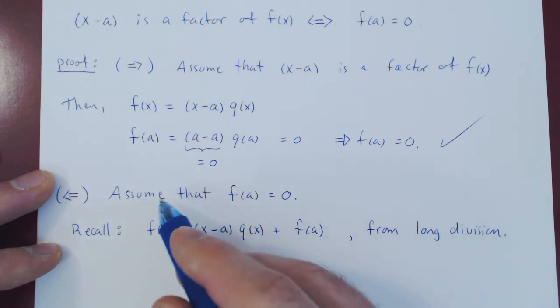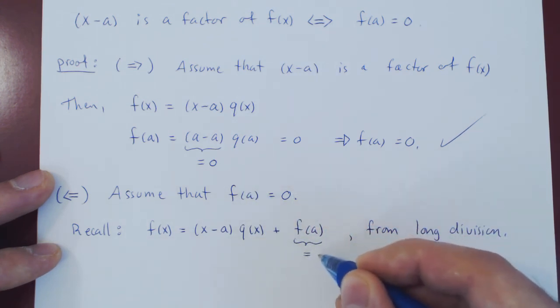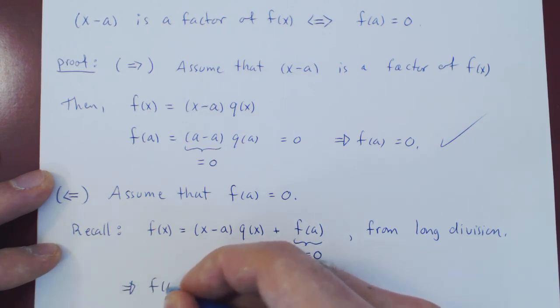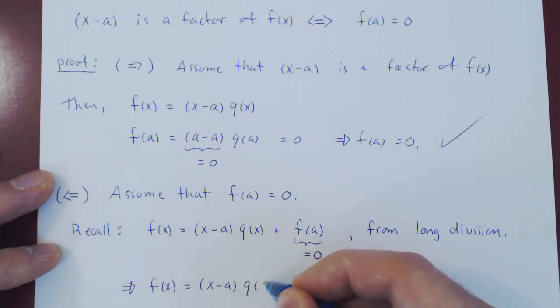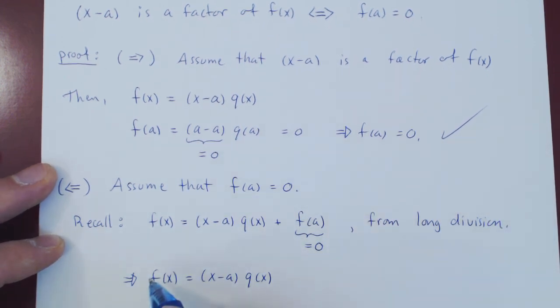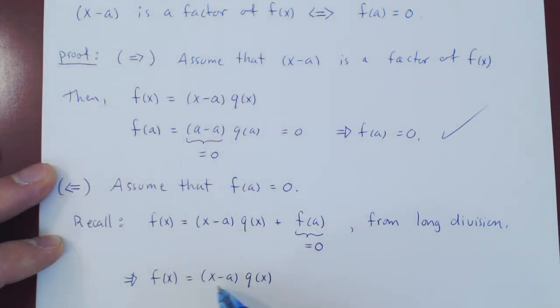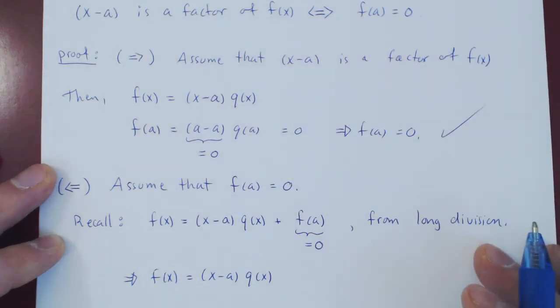But since our assumption was that f of a was equal to 0, then all we're left is that f of x is x minus a times q of x plus 0, so it's just x minus a times q of x. But then if f of x is x minus a times some other polynomial, clearly x minus a is a factor of f of x, and this completes the proof.